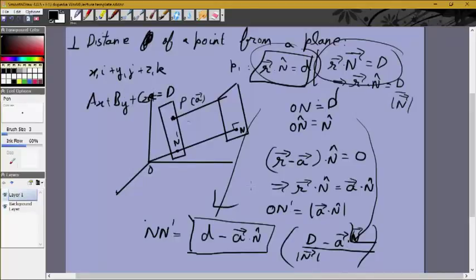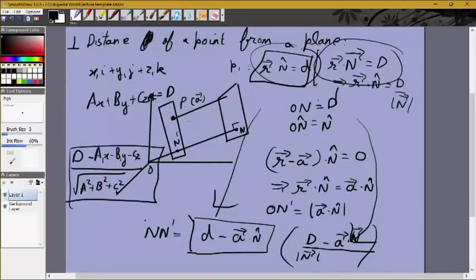So what we'll get is D minus A dot n, that is ai plus bj plus ck dot x1i plus y1j plus z1k, so D minus a x1 minus b y1 minus c z1, divided by mod n, that is root of a square plus b square plus c square. So this would be the answer if we have everything in terms of the Cartesian form.